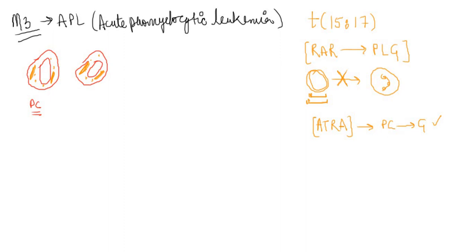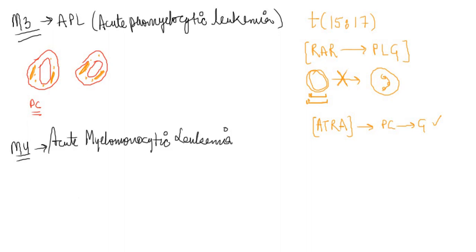The next subtype is the M4 subtype. It's also called acute myelomonocytic leukemia. As the name suggests, in this subtype there is accumulation of myeloid blasts, and there is also accumulation of monoblasts.